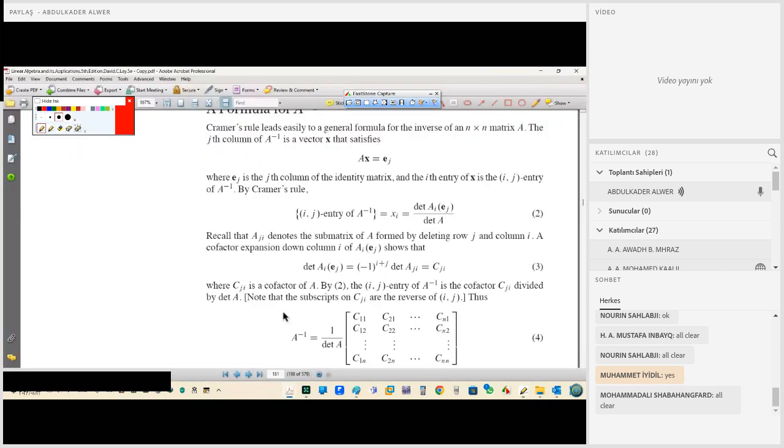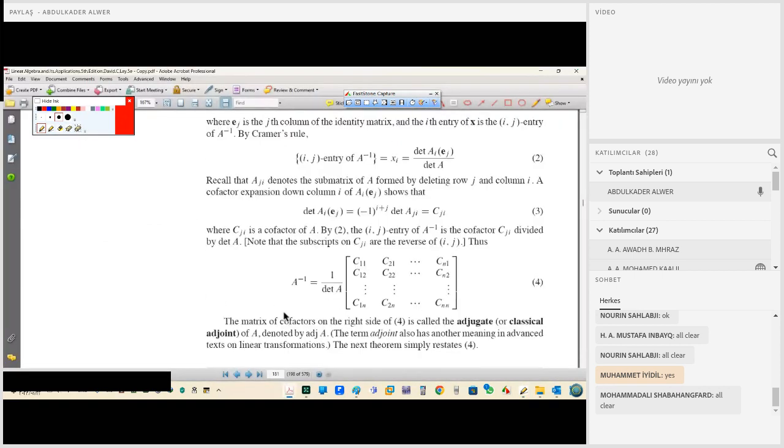Go to your book and talk about the classical adjoint, or adjoint, or cofactor method. See here, we have A minus 1.